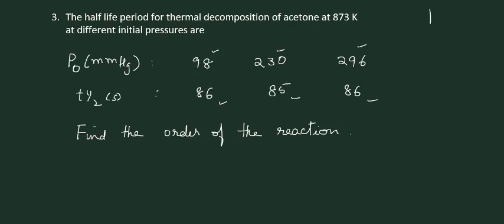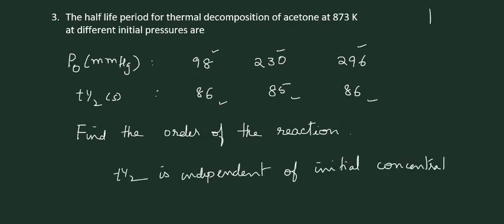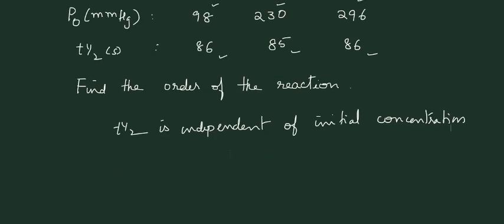So from the data it is clear that T half is independent of initial concentration, since T half is same whatever be the initial concentration taken. This is characteristic of a first order reaction. So this is a first order reaction.